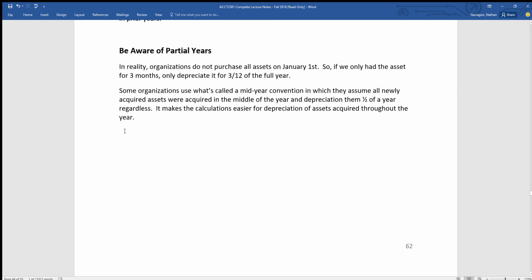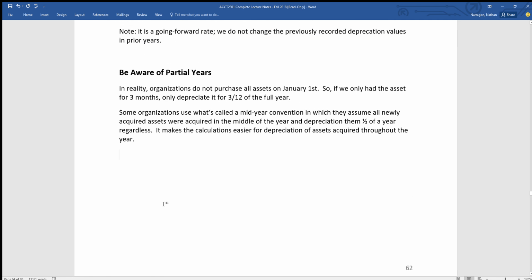Again, be aware of partial years. I don't have any really big thing here, but again, watch out on this. In reality, organizations do not purchase on January 1st. So just like my note, watch out, and if it's only been used for so many months of the year, that's how much we depreciate for in that year. Normally organizations, since they buy all crazy, the IRS and the GAAP and the SEC allow us to do what is known as mid-year, which basically we can assume all the assets acquired were acquired in the middle of the year, even though it wasn't.